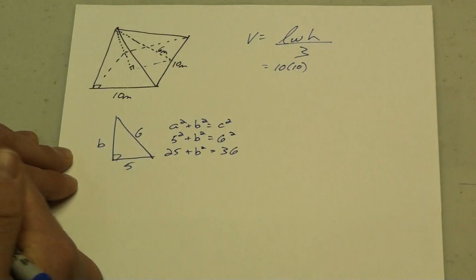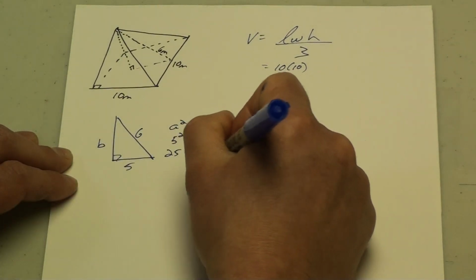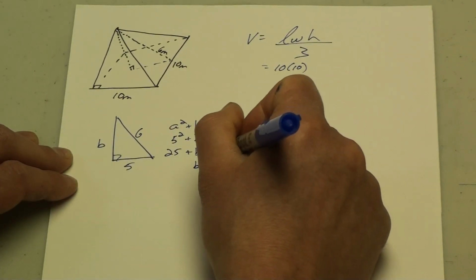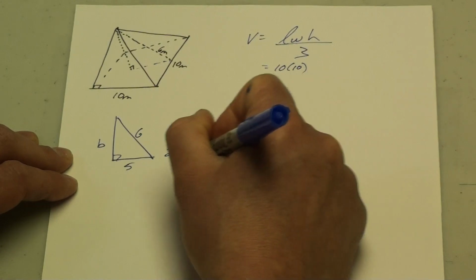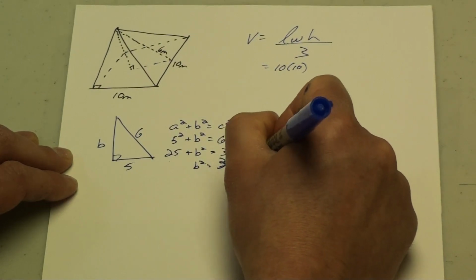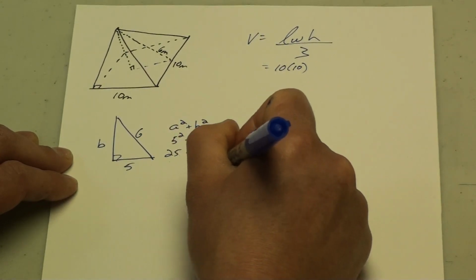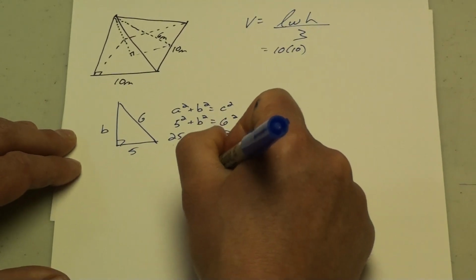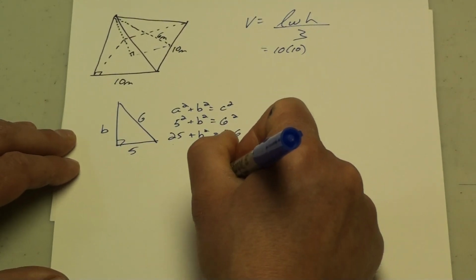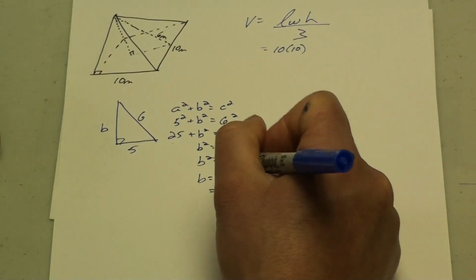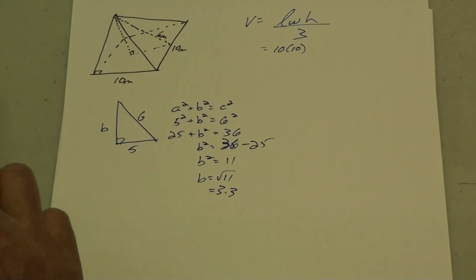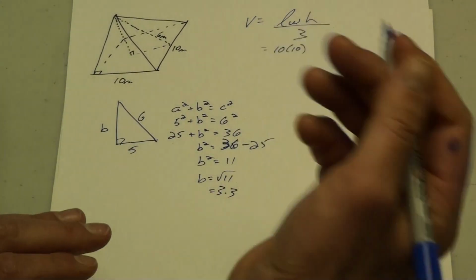I'm going to rearrange and get b by itself. So b squared equals 36, and I'm going to subtract 25 from both sides. So b squared equals 11. And b is going to equal the square root of 11, which is 3.3. Okay, so now I have my height.